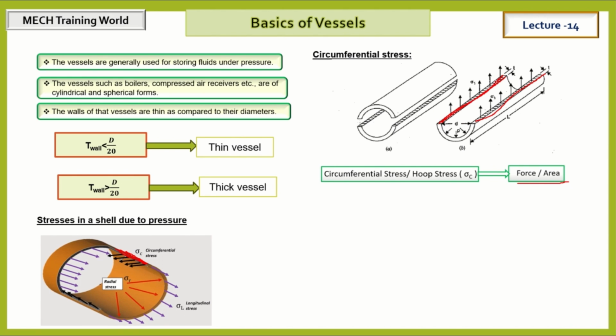Area is equal to length into width. The length is L, and the width is the thickness, but it acts on two sections, thickness T here and thickness T here, with the length common. So the area is L into 2T. The 2 applies to T only, not to L.